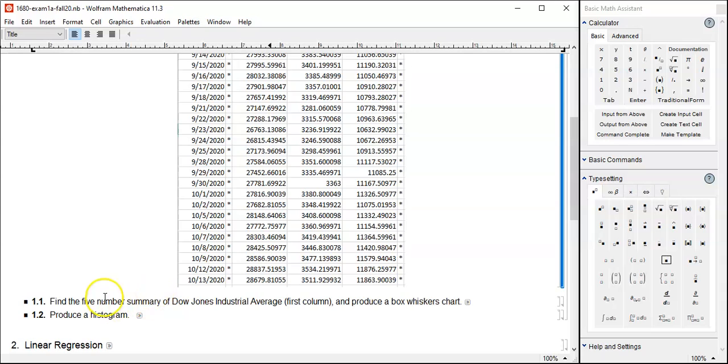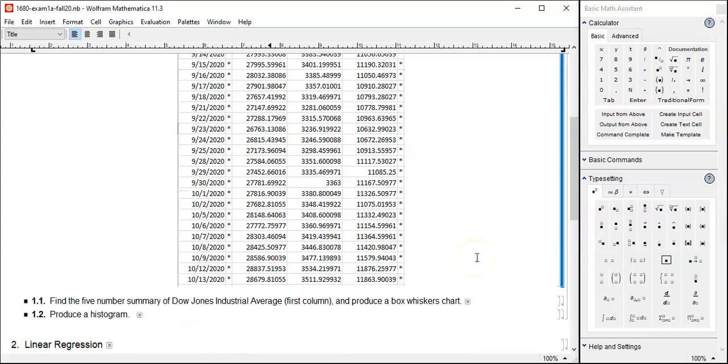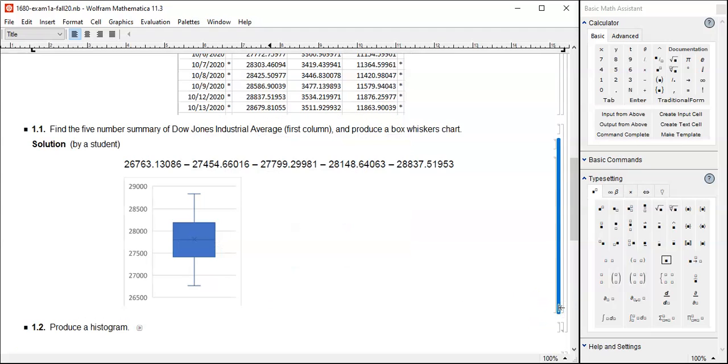And here, 5-number summary for Dow Jones, which is the first column. So, disregarding the second and the third, you can just work out the first column, and you can get 5-number summary by sorting those out and knocking off the smallest, largest, and so on to get the middle, the median.